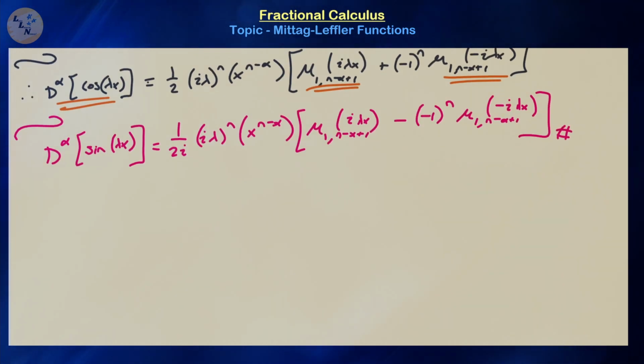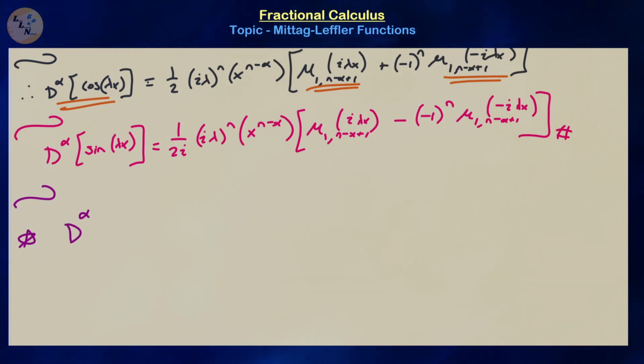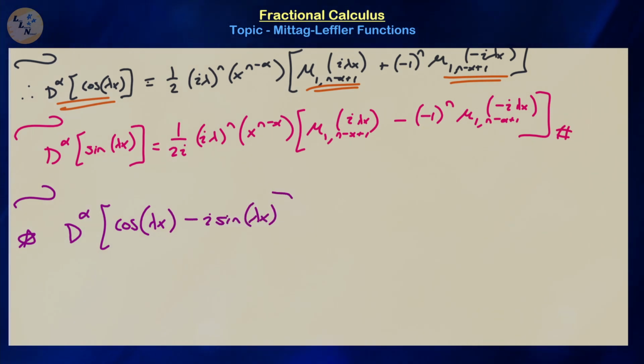Now, all those are very wonderful and all. I just want to mention a very interesting identity that I think is very beautiful. What if somebody were to ask you, what is the fractional derivative of cosine lambda x minus i sine lambda x? Is the answer prettier or uglier than these expressions for sine and cosine?